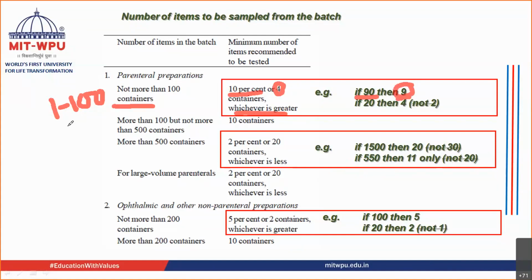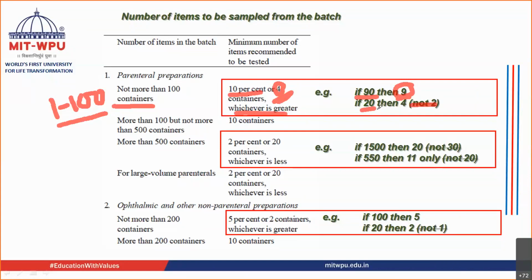But let us imagine the batch size that you have prepared is only 20. If the batch size is 20, then according to the first condition, you are going to take 10%, so you would be choosing 2 containers. But no, you are not going to choose 2 containers. The minimum that you have to choose is 4.